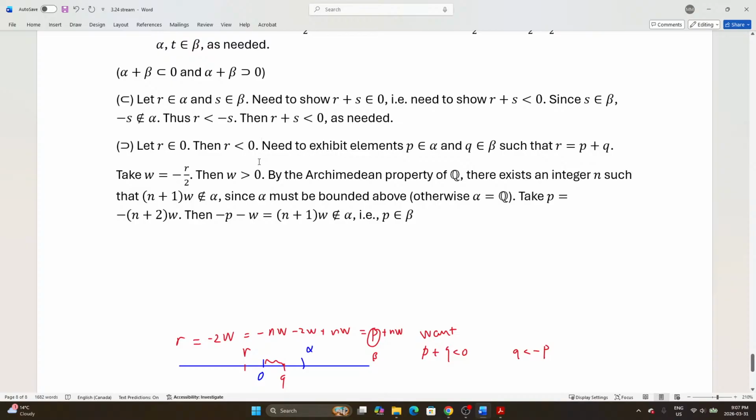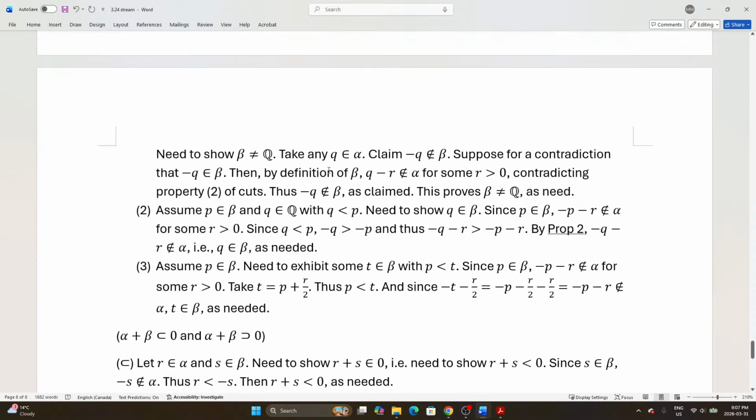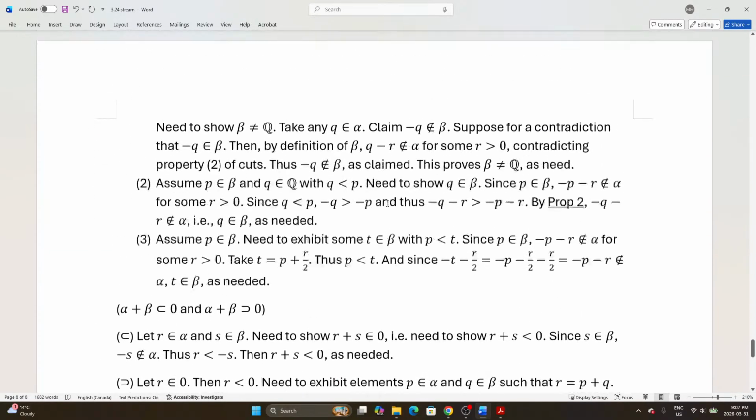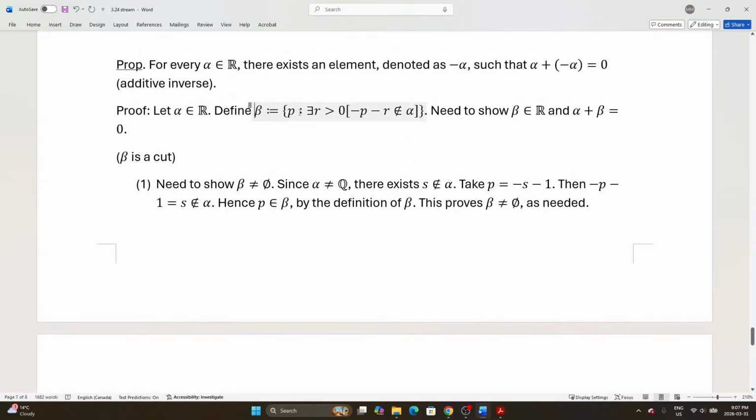I think I need a lemma first. I need to first establish that based on this definition of beta, alpha and beta must have opposite sign. If I don't even have that, then I can't proceed.